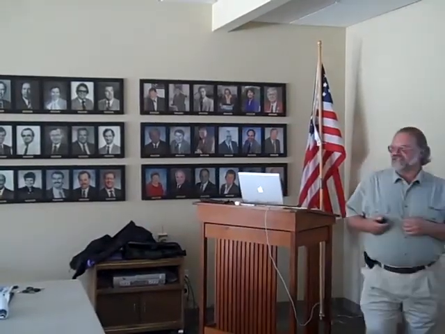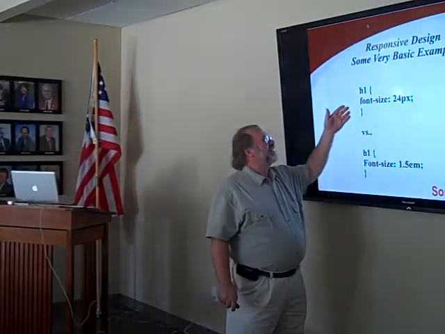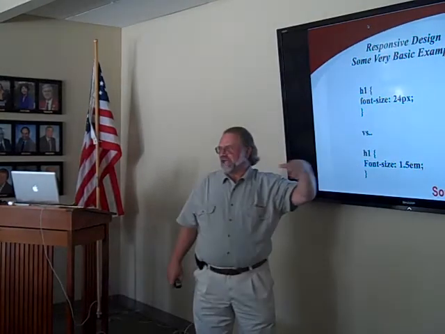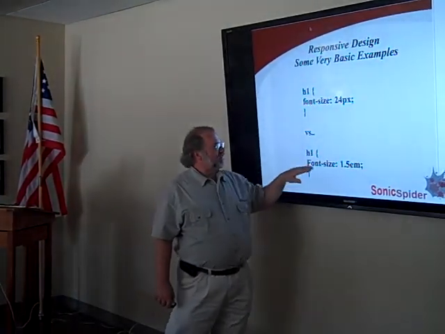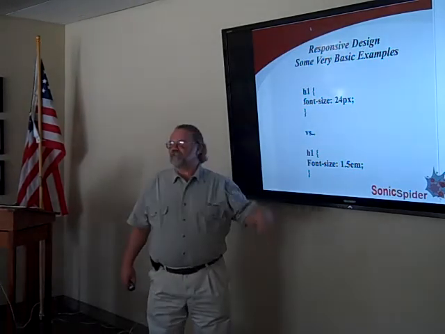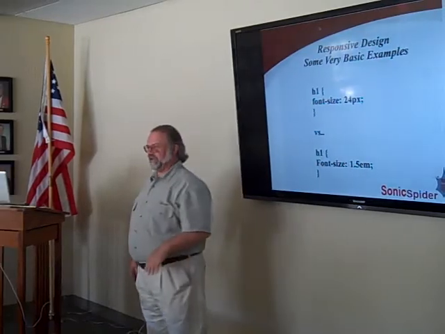Everybody knows what CSS is, right? Cascading style sheets. This is the old way of doing it: font-size equals 24px. You're going to see those all over in the style sheet. The new way would be font size 1.5. Assuming the default device was 16 pixels, you would put 1.5 EM.